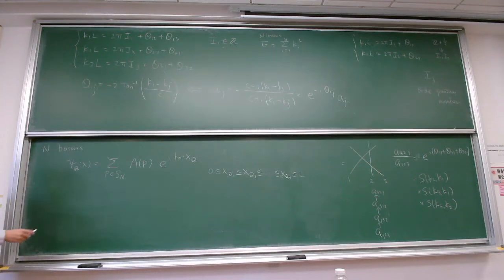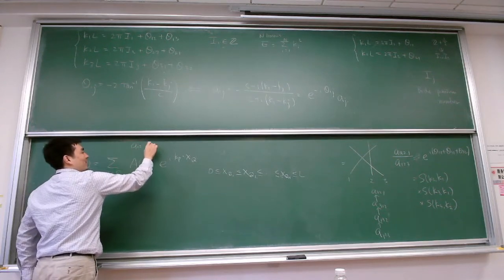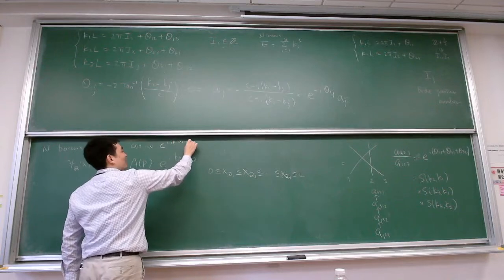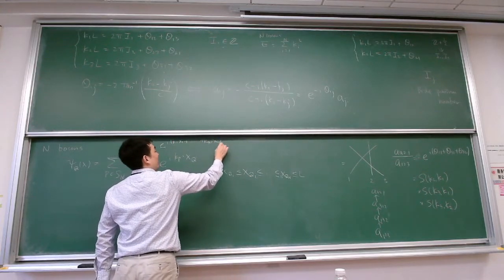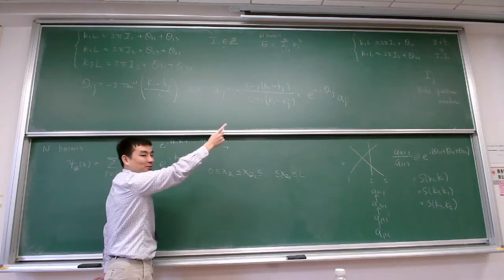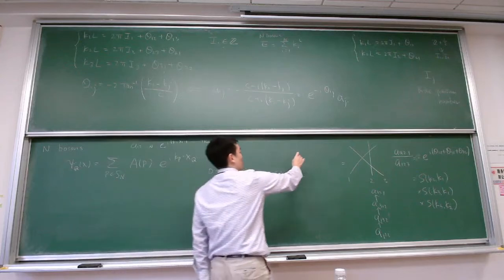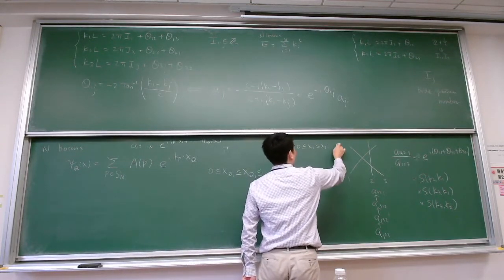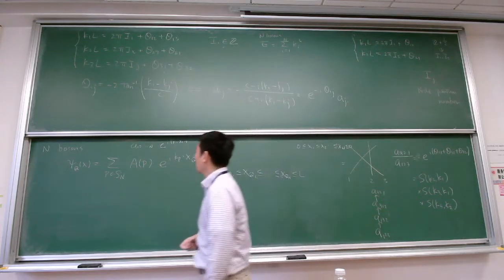I'm not going to write it all down. You just have A1 e to the i (k1 x1 plus ... plus kn xn) plus n factorial terms. You understand what I meant, right? In the region between 0, x1, x2. I try to be very pedagogical today because my preparation is very weak today.